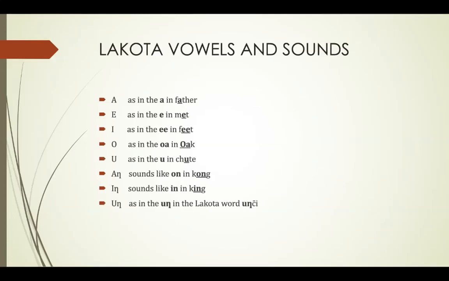For instance, the vowel A will make the sound ah, just like in father. And if you look at the word above it where it says Lakota, the A consistently will have the ah sound, Lakota. And then you go to E, the E will always make the eh sound, eh.